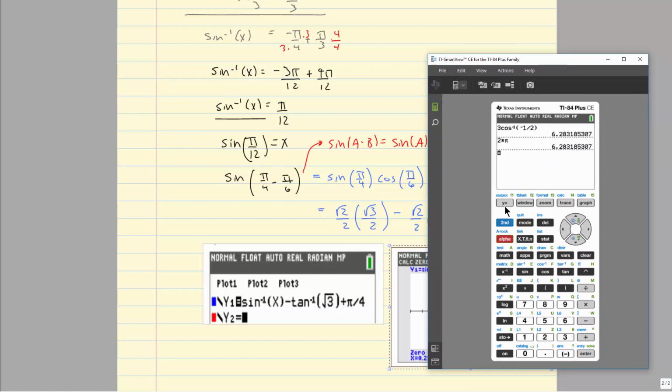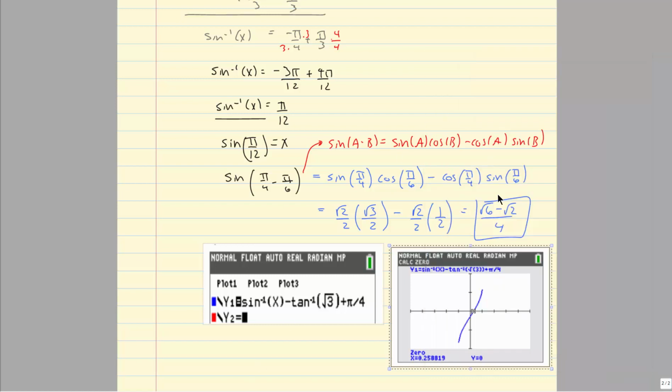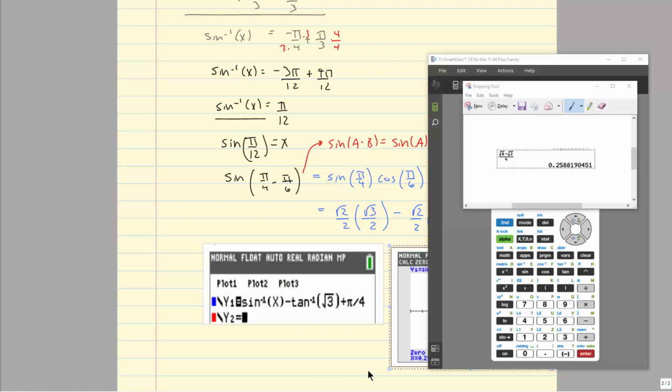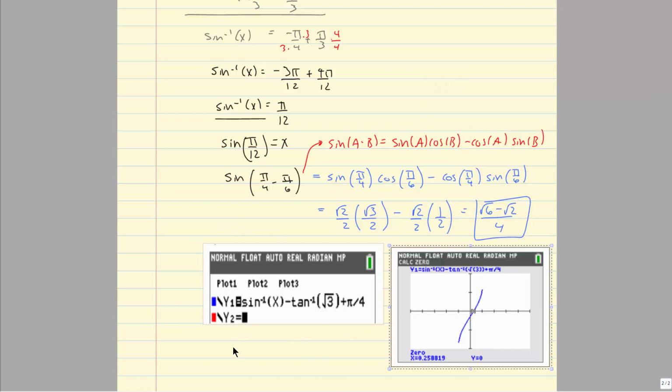So we're going to go alpha y equal, and this will be root 6 minus root 2, and this is all over 4. And decimal approximation is 0.2588. I'll copy that and see if it is equal. And they are.